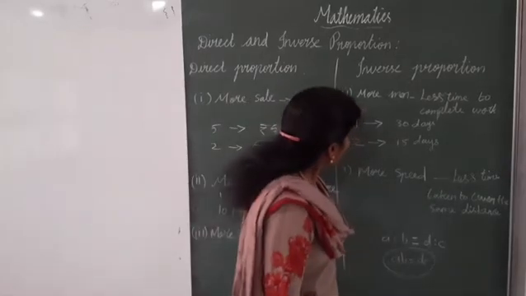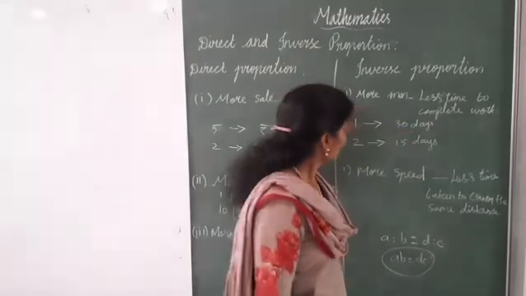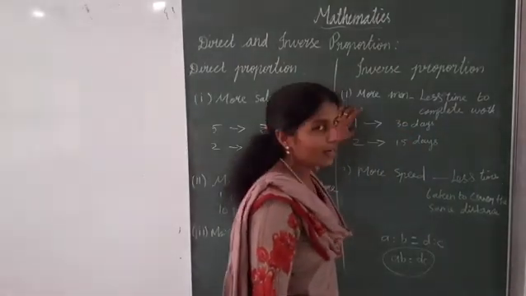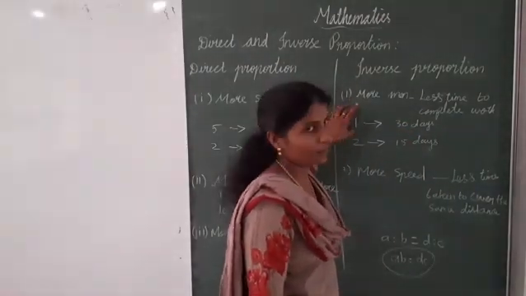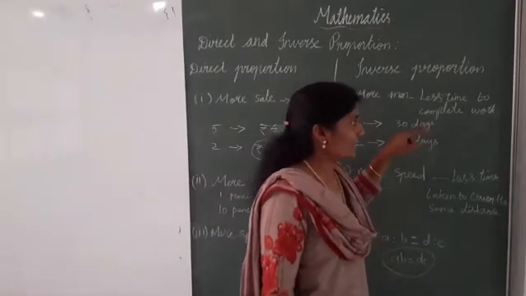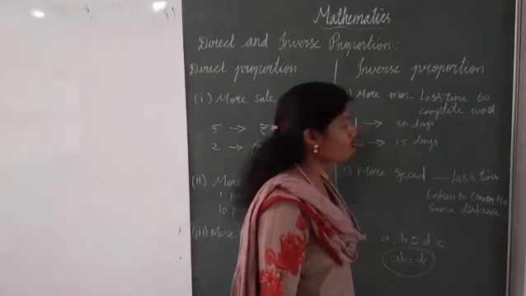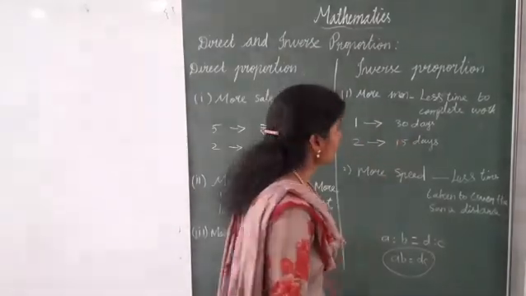Here more men, less time, fewer days. Suppose there is a smaller number of men: only one man takes 30 days. Two men take 15 days.